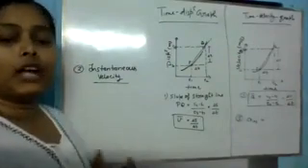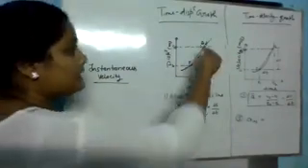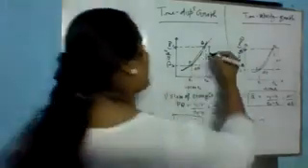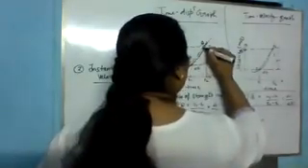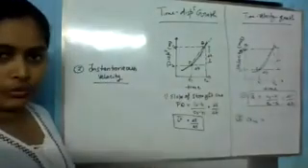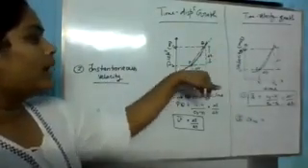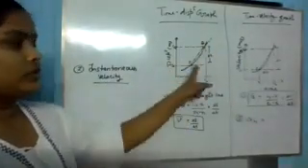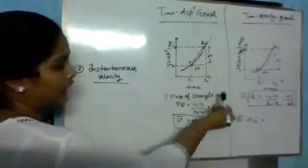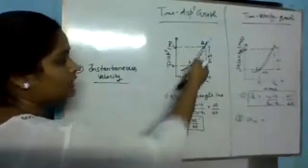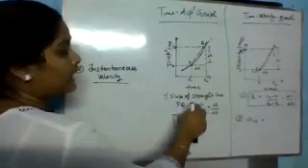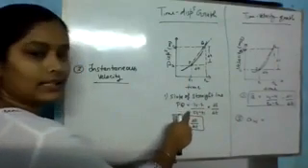Now we have to find the slope. Because this is a curved line, we will draw a straight line like this from point P to point Q. Then we will find the slope of the straight line. The slope of the straight line PQ is change in y-axis upon change in x-axis.